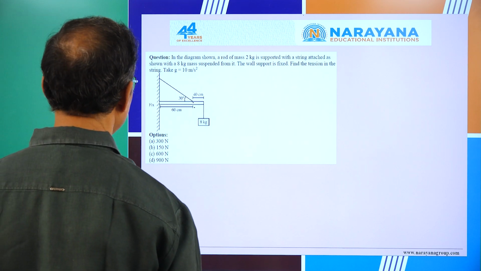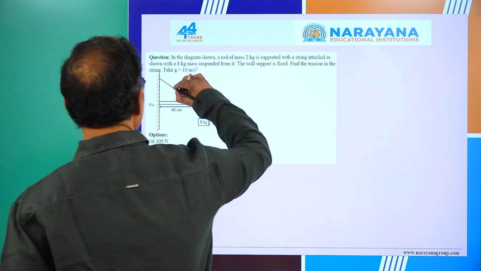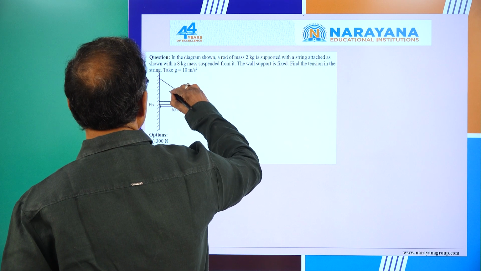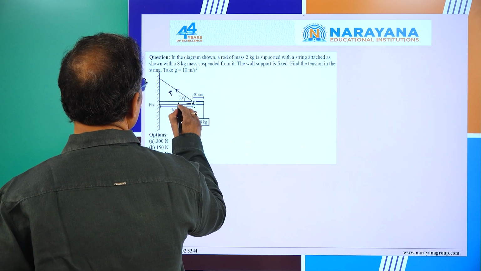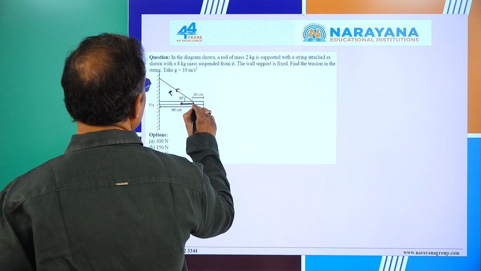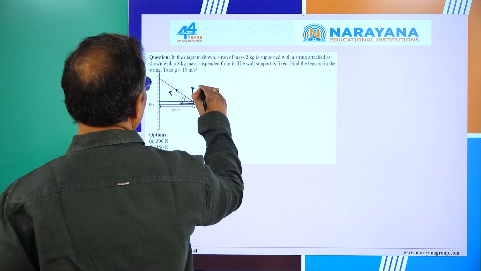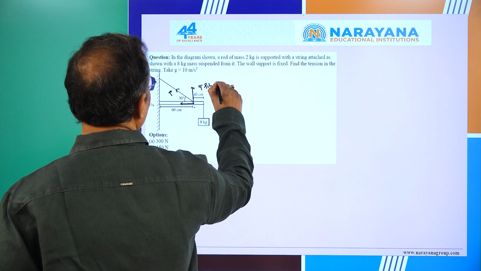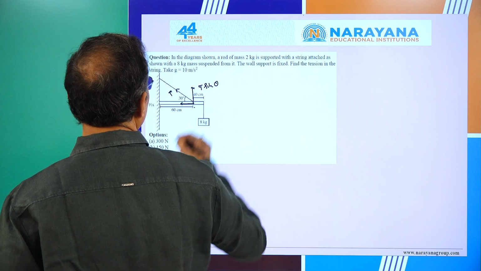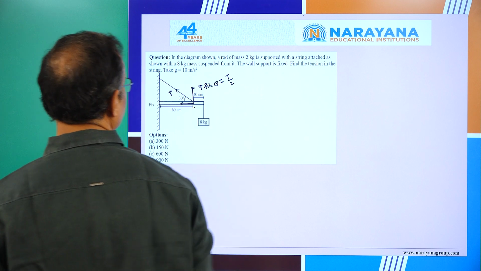Find the tension. They are asking you the tension in the string. If I take tension T here, it will have two components. One this side T cos theta, and this side T sin theta. T sin theta is nothing but T by 2.